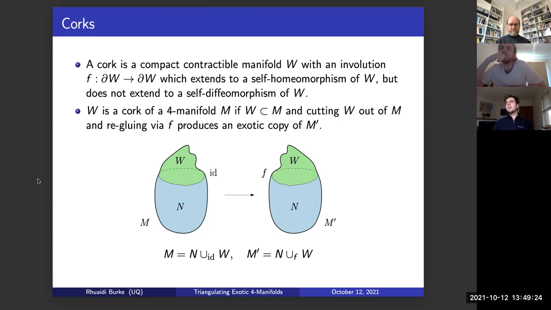It is subtle, in the sense that just because you have one of these things sitting here doesn't necessarily mean that if you cut and paste it'll work. If you give me a pair of exotic four-manifolds, there's a theorem which says that every pair of simply connected exotic four-manifolds differs by a cork twist.